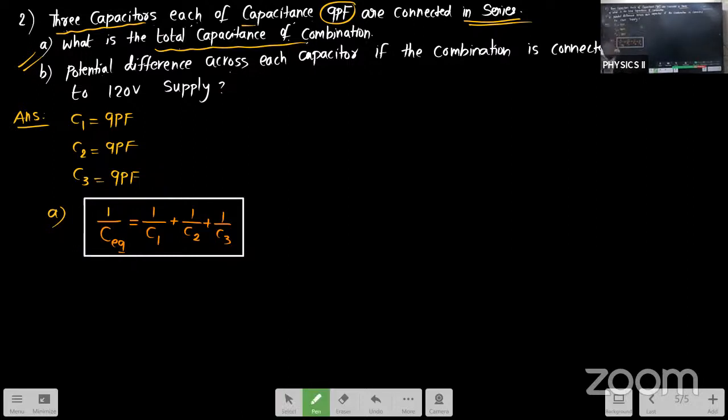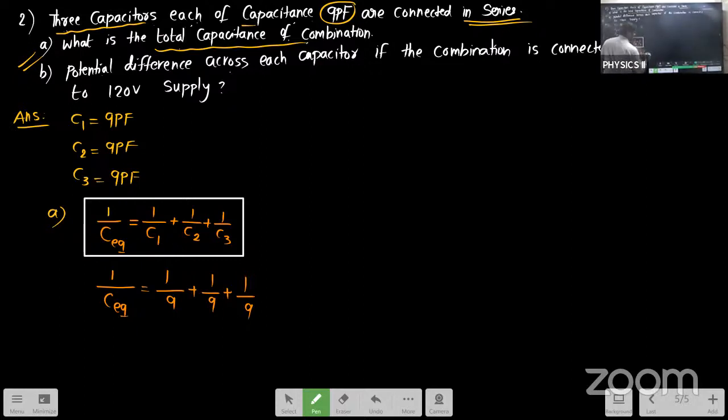Now let's substitute the values. 1 by C equivalent is equal to, what is the value of C1? 1 by 9 plus 1 by 9 plus 1 by 9, because all of the three capacitors have the same capacitance. So 1 by 9 plus 1 by 9 plus 1 by 9, how much will it become?